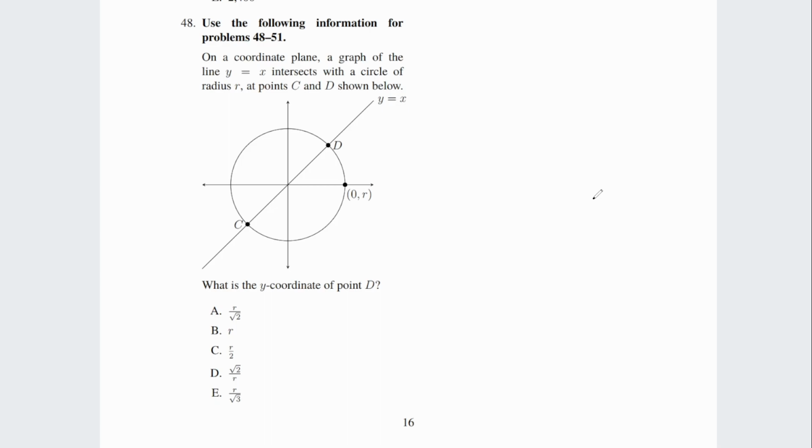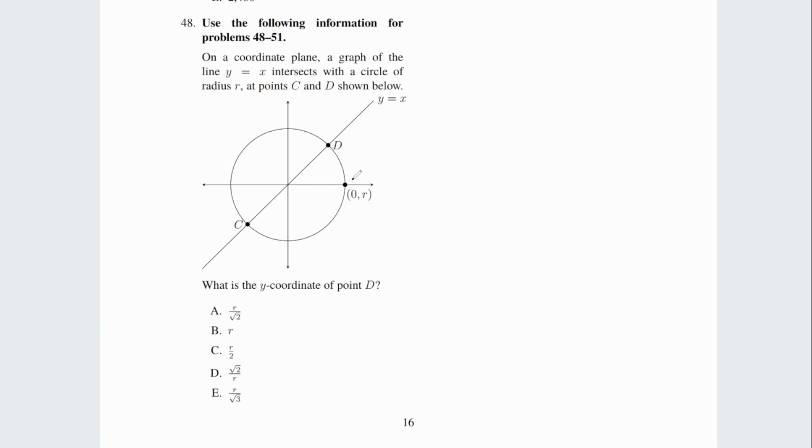Well, we know that we have the line y equals x. And so the y-coordinate of point D is going to be, because it intersects with this circle, the same as the x-coordinate.